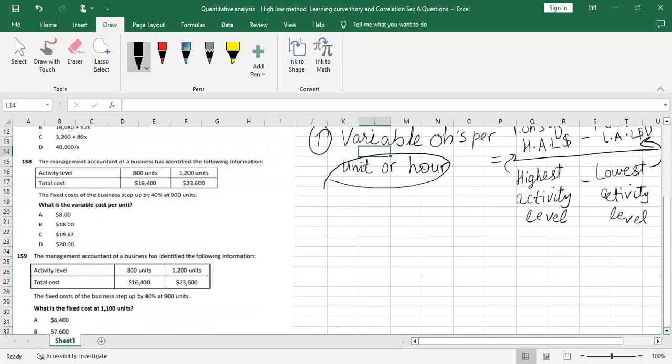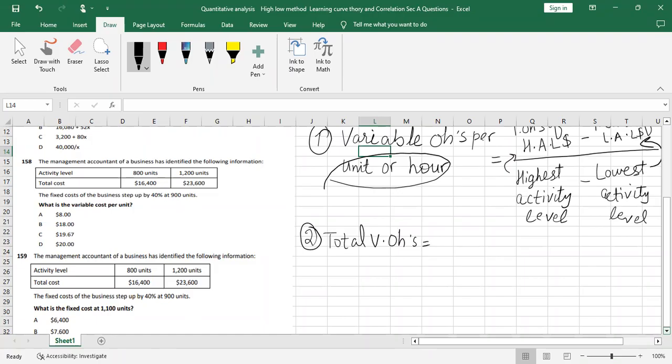Then after calculating variable overheads per unit or per hour, you will move towards the second step, which is called total variable overheads.